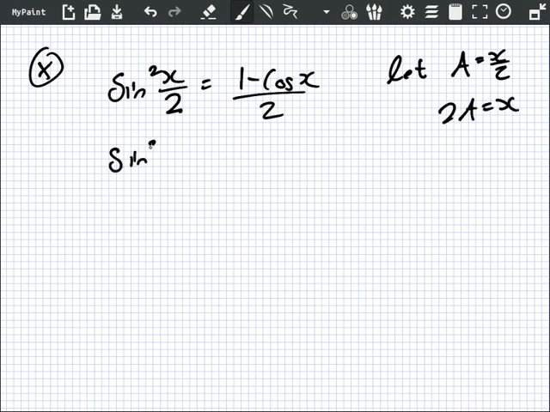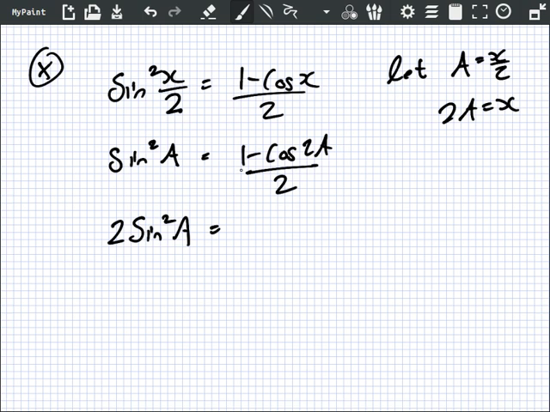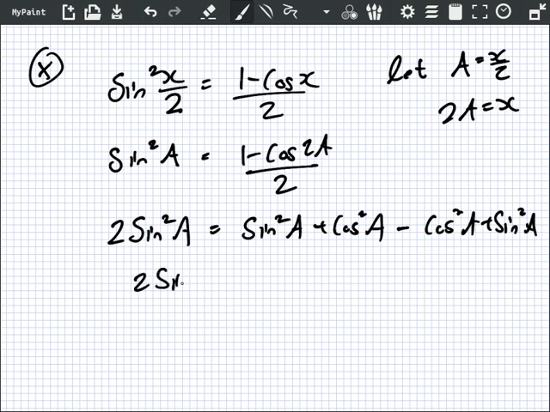So this becomes sine squared a equals 1 minus cos 2a over 2. So that becomes 2 sine squared a equals 1, which is sine squared a plus cos squared a, minus cos 2a, which is cos squared a minus sine squared a. So you get 2 sine squared a equals 2 sine squared a. Therefore, true.